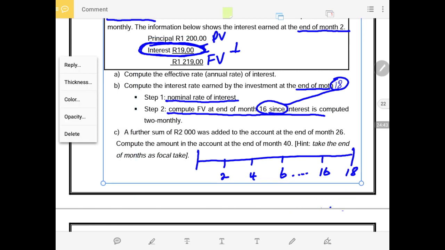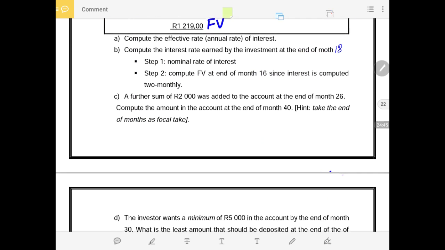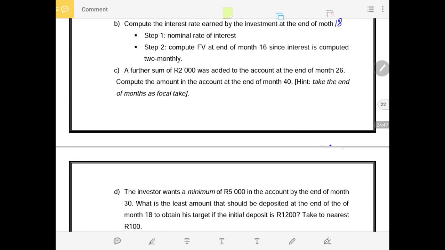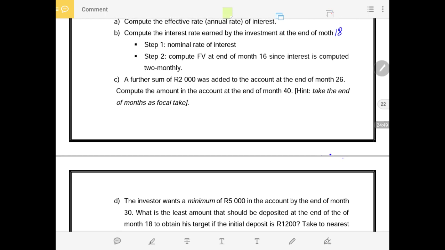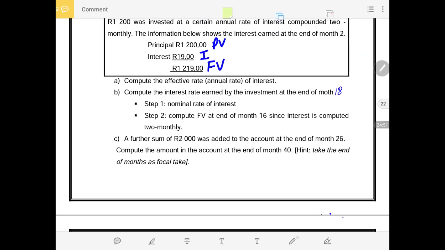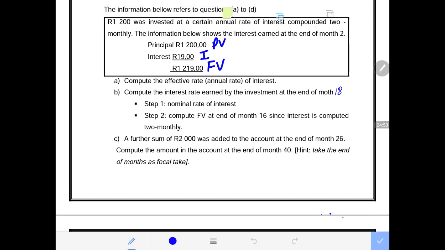Now we go to question C, then after we go to question D. These questions are combined. We are told that a further amount of 2,000 was added to the account at the end of month 26. A further amount has been invested at the end of month 26.